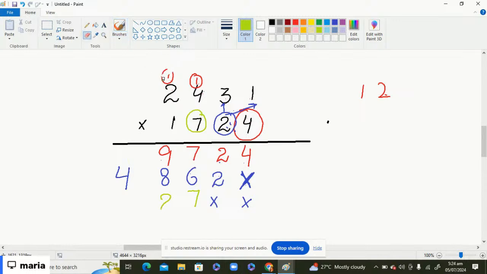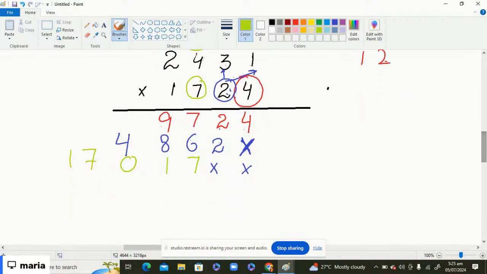This carry, I'm going to remove it. 7 times 4 is 28 plus 2 is 30. Putting 0 here, 3 goes up. 7 times 2 is 14. 14 plus 3 is 17.